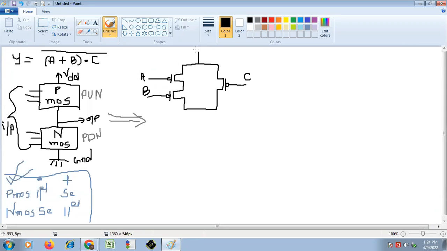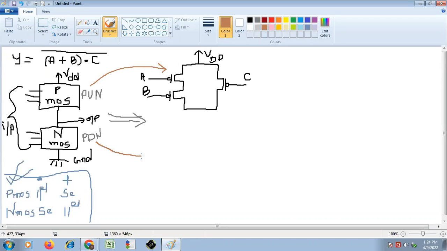It is C, and of course this is connected to VDD. We have now completed the pull up network.